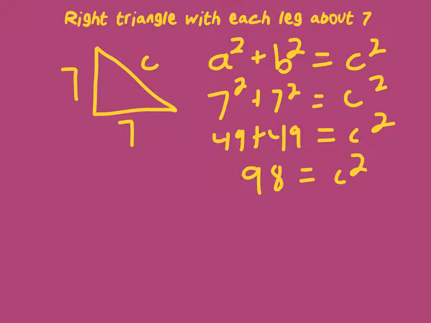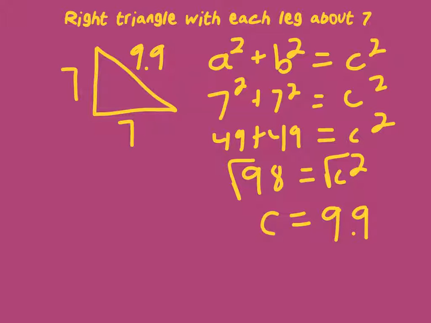Then we take the square root of 98 because we have c squared, and the square root of 98 is about 9.9. So c, this side we've labeled c, we can make that 9.9.